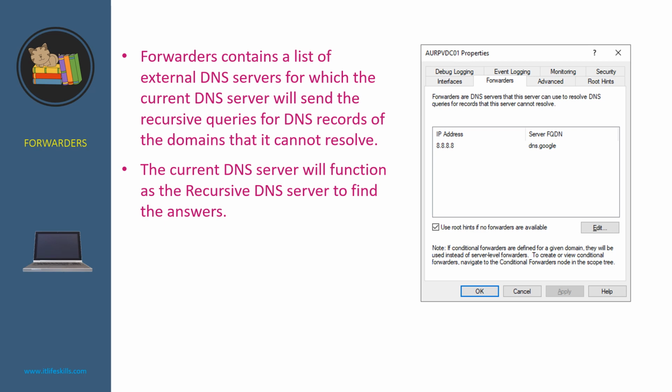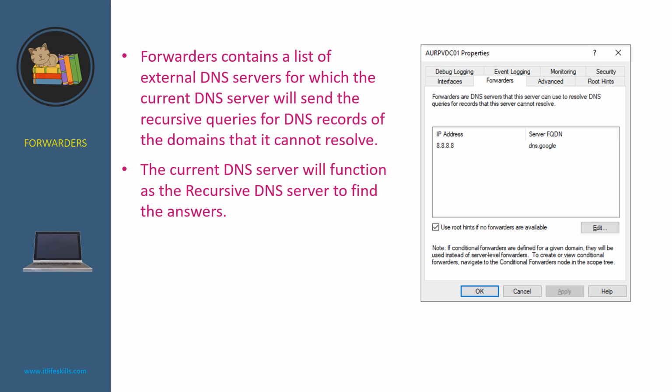So in this screenshot, we configure the DNS server RPVDC01 to use Google DNS at the IP address 8.8.8.8 as its forwarders with the option use root hints if no forwarders are available.